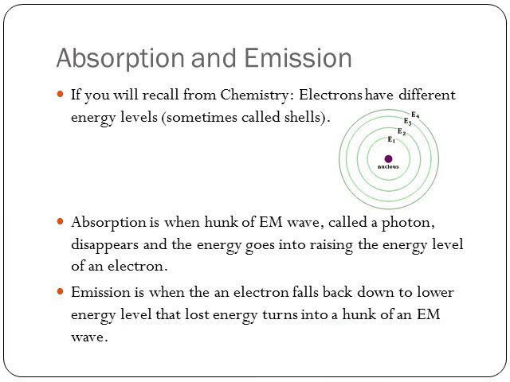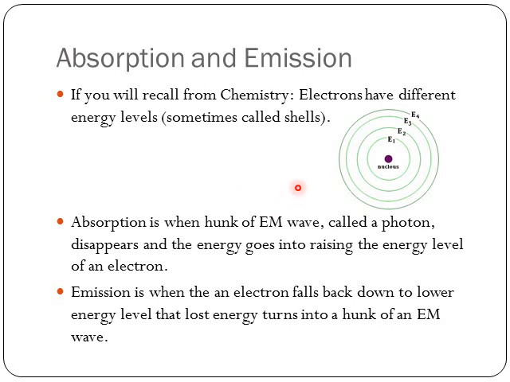The last phenomenon of electromagnetic radiation is that of absorption and emission. So hopefully you recall this from chemistry, but if you remember right, each atom is made up of a nucleus and electrons that, for lack of a better word, orbit the nucleus.